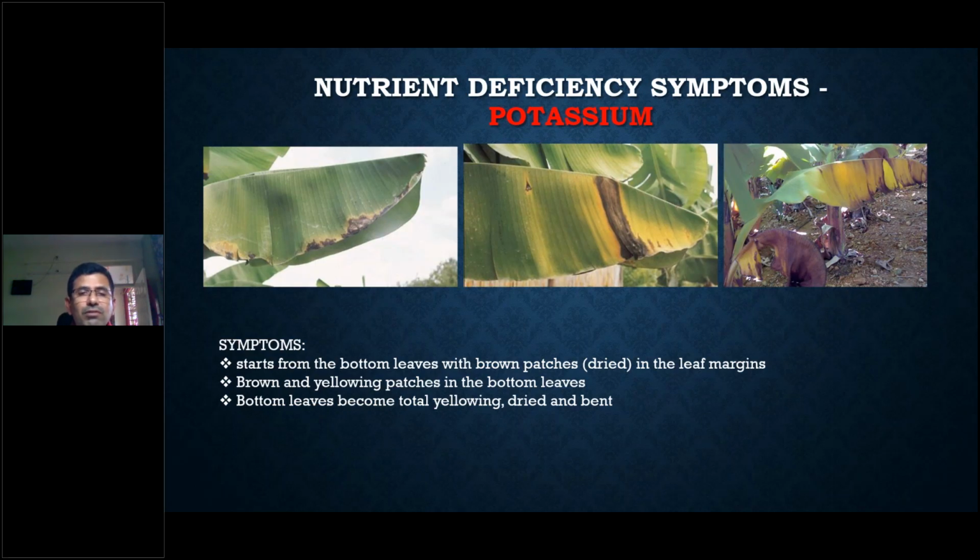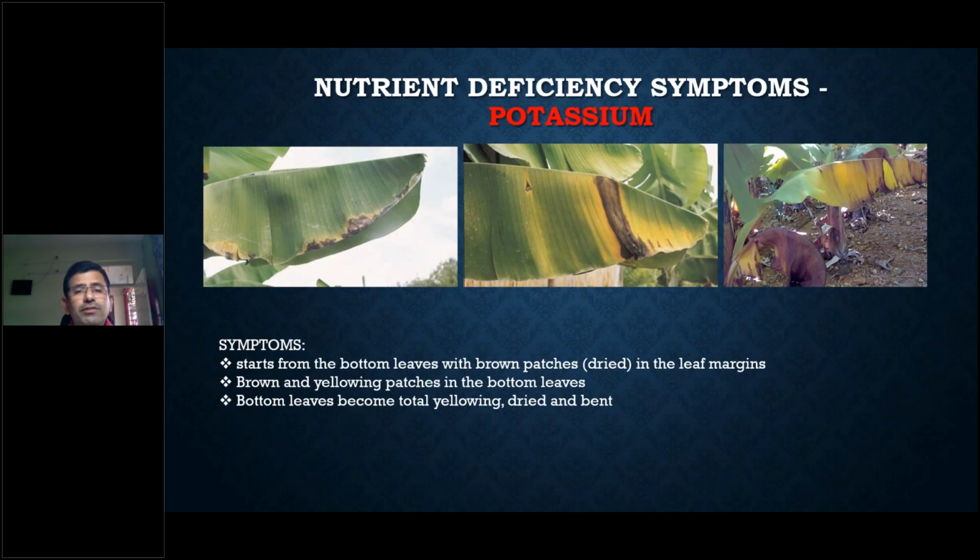We have to stop the phosphorus application, and maintain nitrogen at the same level. So potassium is required from the 4th or 5th month onwards, in more quantity. The first photograph shows the initial stages of potassium deficiency.